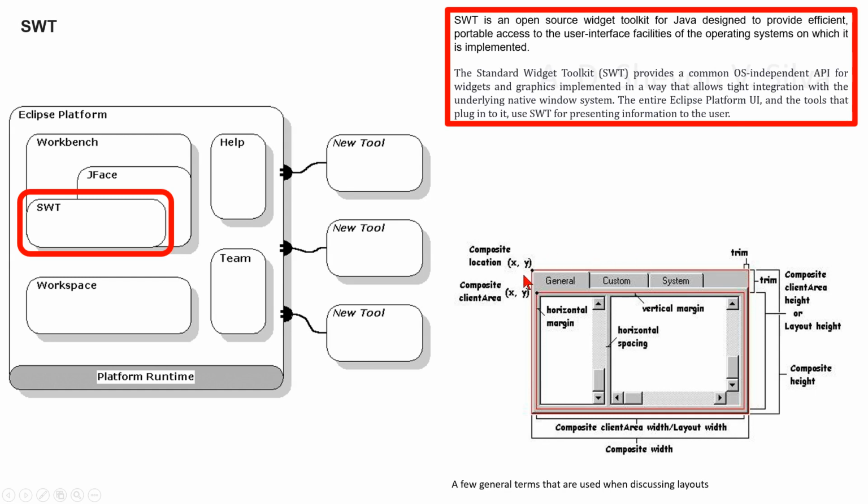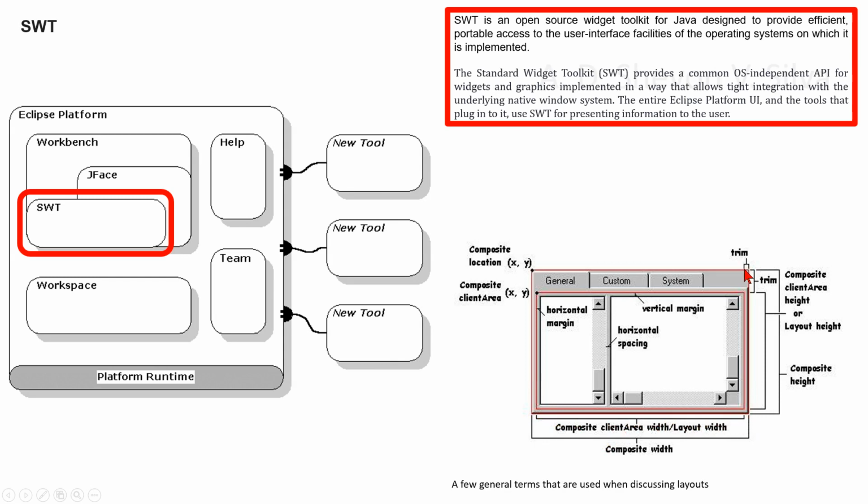Here you can see the composite location, here XY, and the composite client area, here XY. Here you can see the composite client area with layout width. Here you can see the composite width.